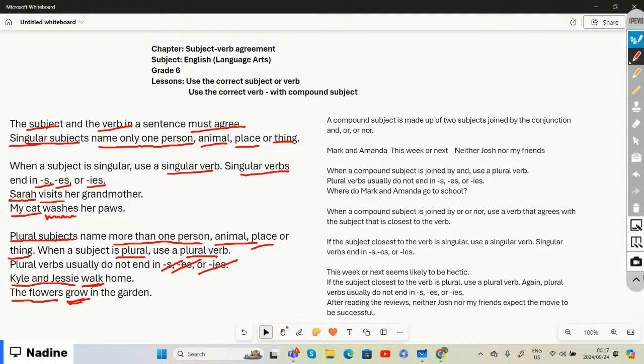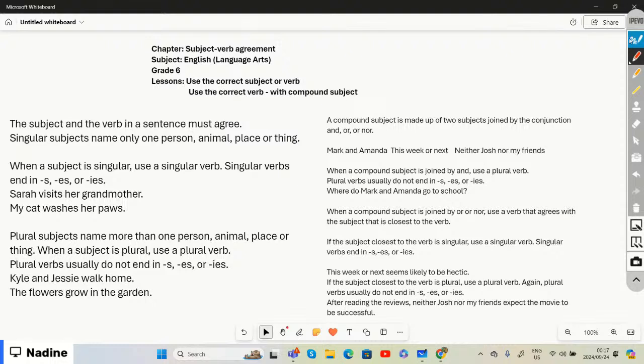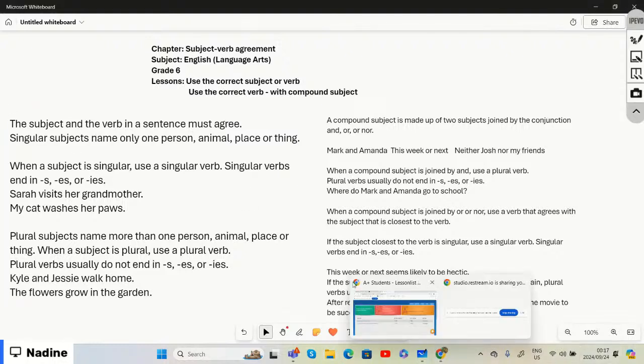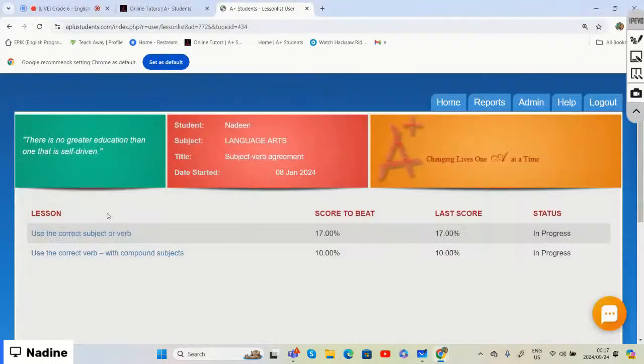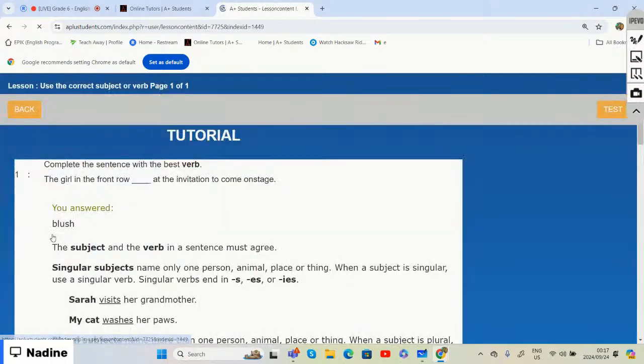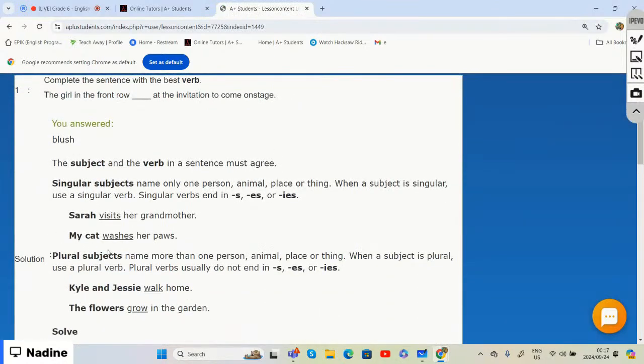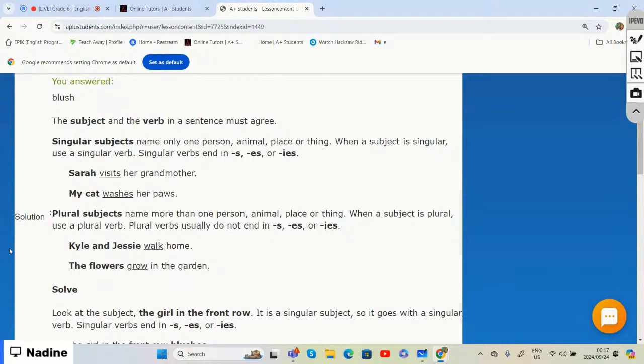Right? So let us go to aplusstudents.ca and we're going to find out more about how to use subjects and verbs, and then we go to our test. So the first lesson is to use the correct verb. And we went over that a subject and a verb need to agree with one another. Singular subjects refer to one person, one animal, one place, or one thing.